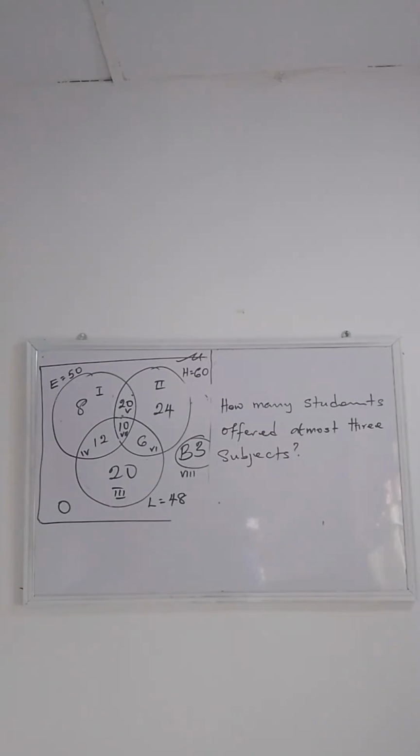Lekan, you have 10 students. How many students offered at most 3 subjects? Okay, I can see 10, Progress 10. Wow, I'm seeing 100. 100 students, 10 students.